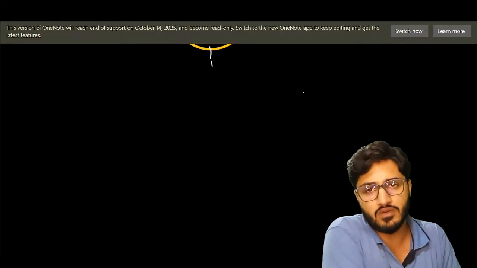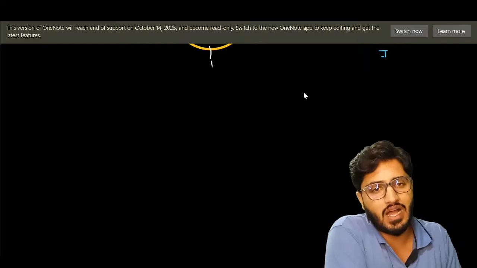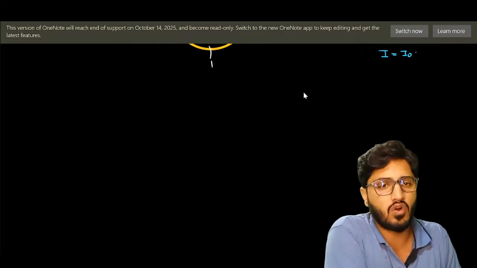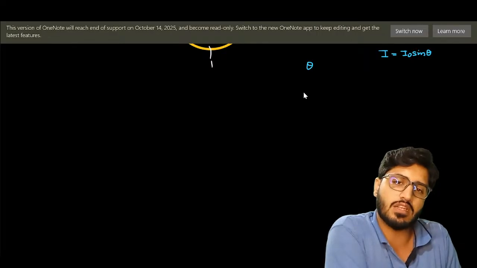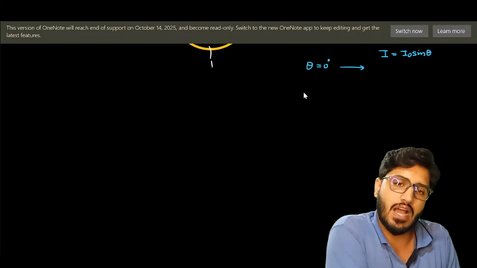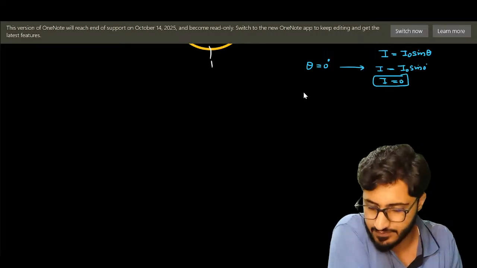Look now. What is I? I came out to be I naught sine theta. Suppose theta is equal to 0 degree, so my I came out to be I naught sine 0 degree, which is 0.